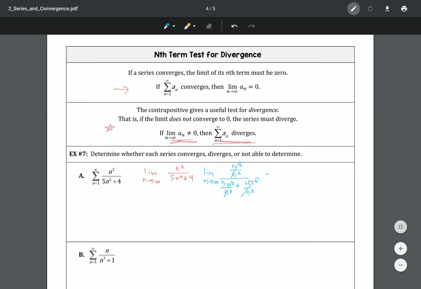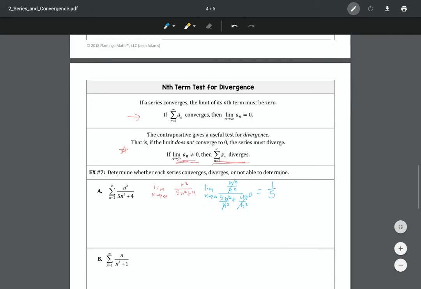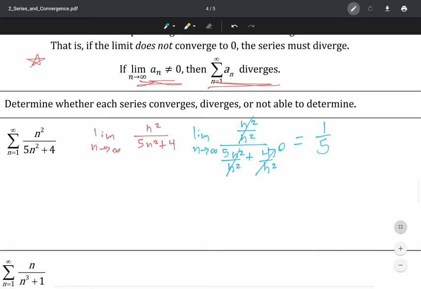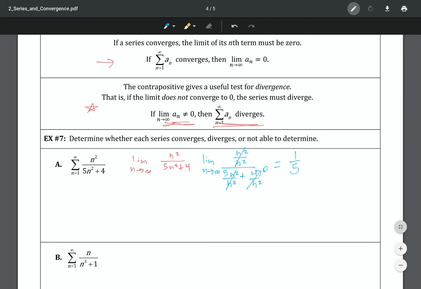So, more importantly, the answer is 1/5. I want to remind you of that because not everything is going to follow those horizontal asymptote rules, but if you use the method I just showed you, where you divide every term by the term that has the highest power, that will work every time. So anyway, this is 1/5.